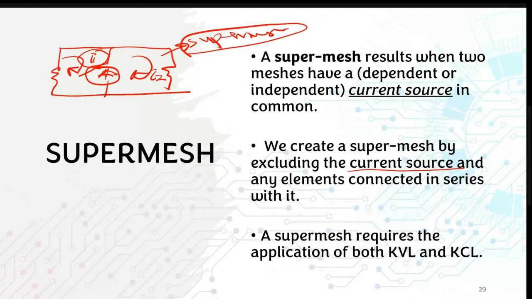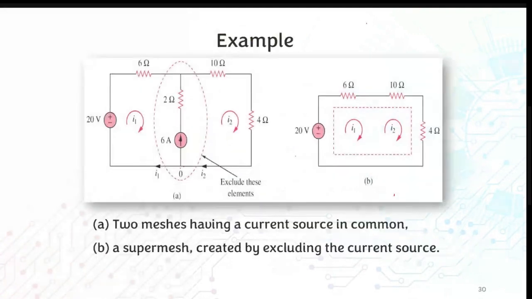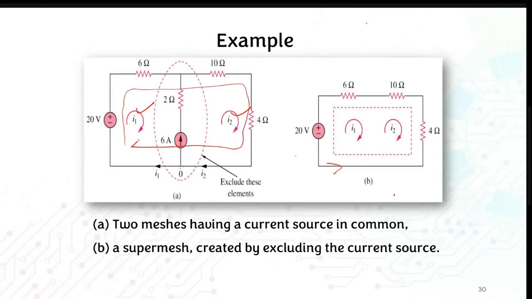For the supermesh, we can calculate the equation by using both KVL and KCL. Let's see the example straight away. If you have this current source, shared by these two meshes I1 and I2, then you have this as your supermesh.